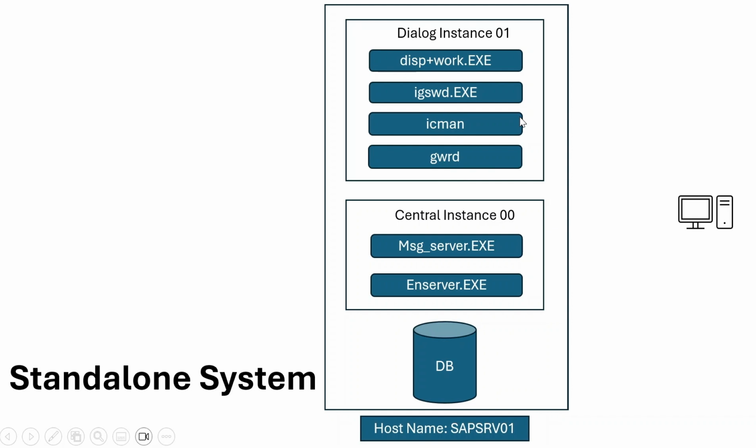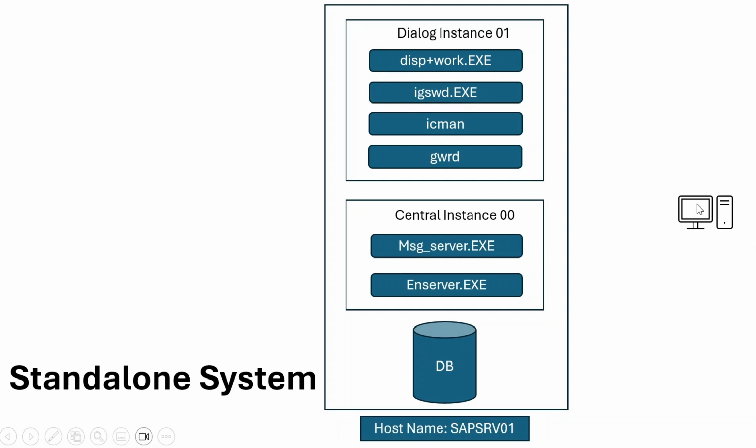Now, if you are paying attention to what I'm saying, there is troubleshooting information hidden inside it. Why? Because if your user is not able to connect to the system, or is not able to compute anything, where do you check? You check whether disp+work is working or not. If your user is able to log in but not able to generate graphics in the system, you check whether IGS is working or not.